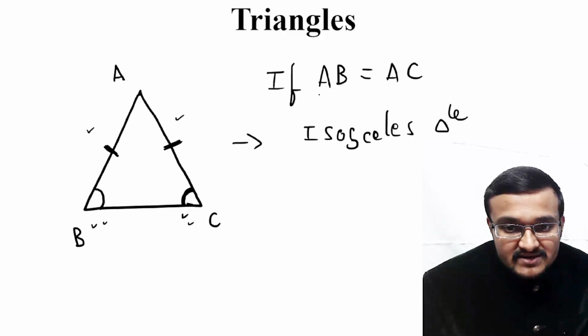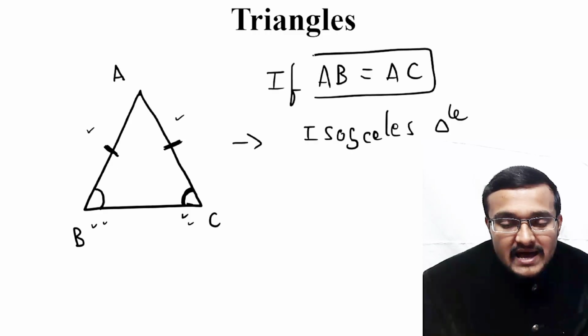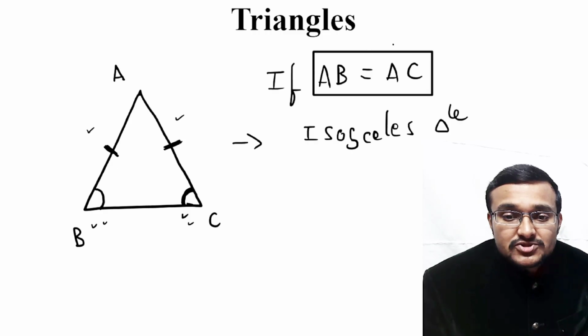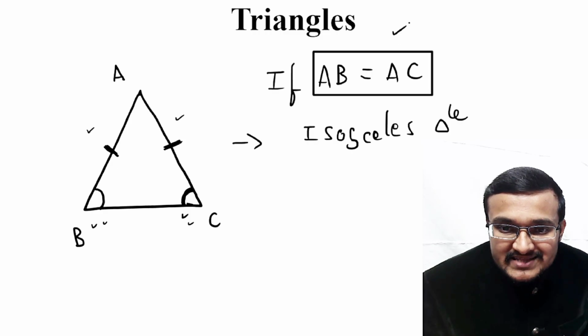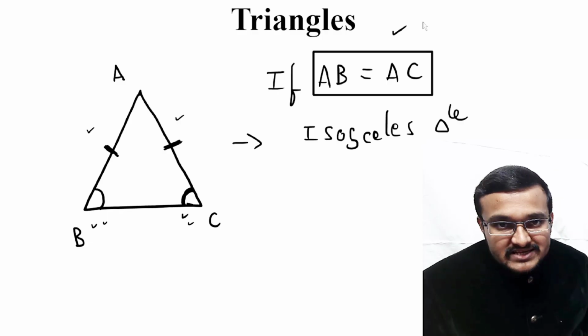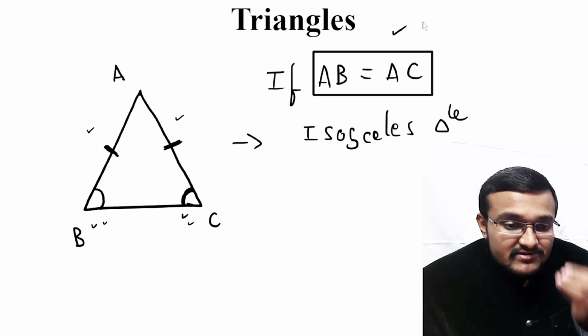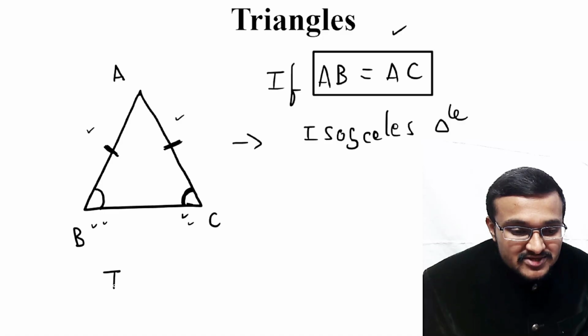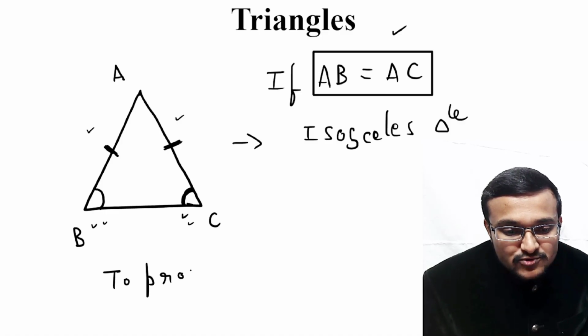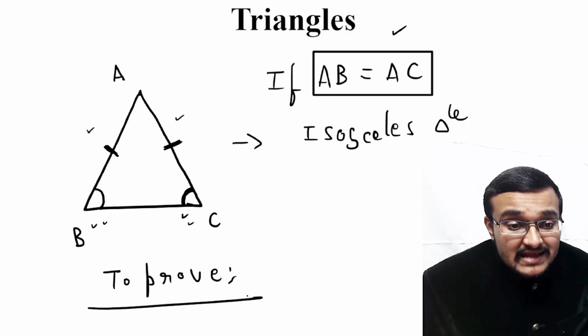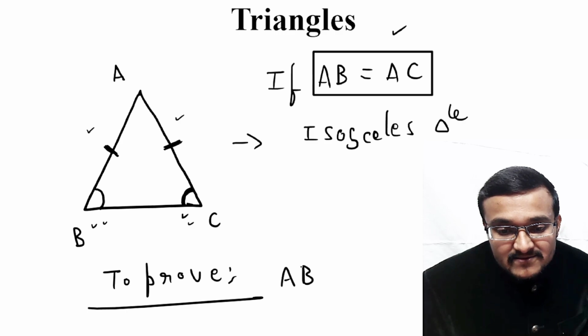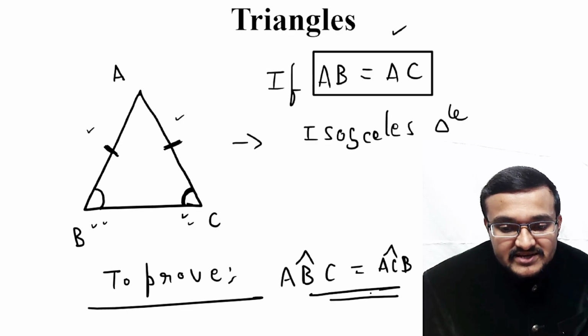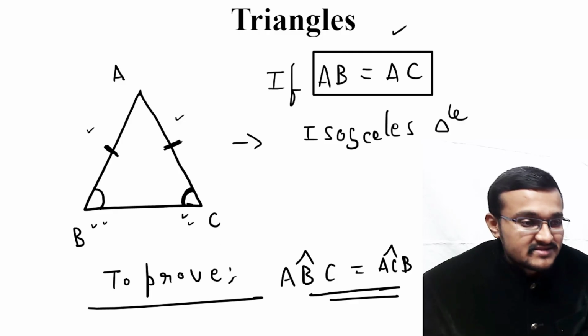So in this theorem they have already given AB is equal to AC. Now you have to prove that angle ABC is equal to angle ACB. This we need to prove in this particular theorem.